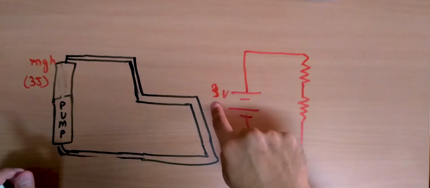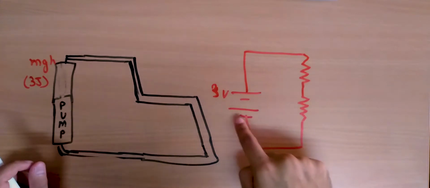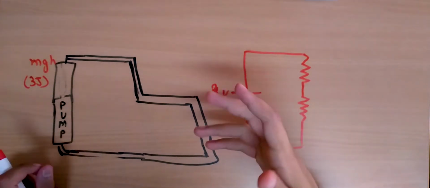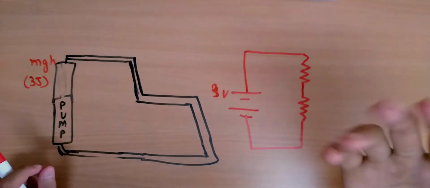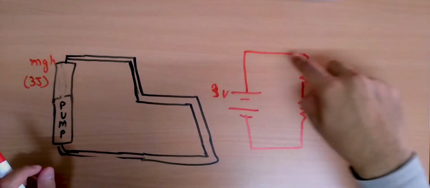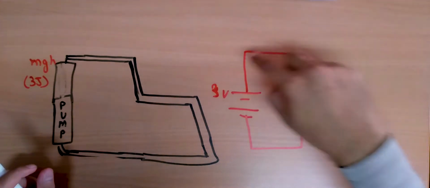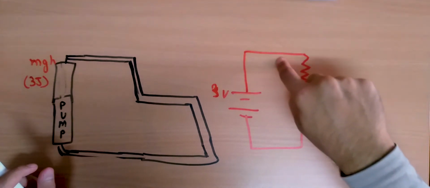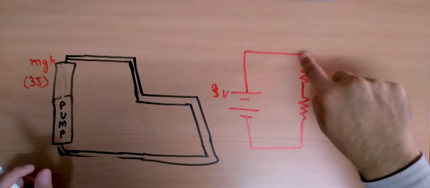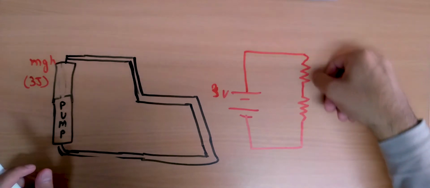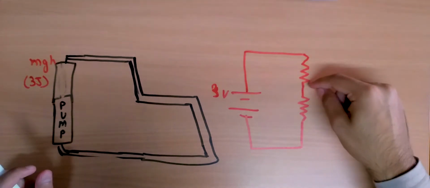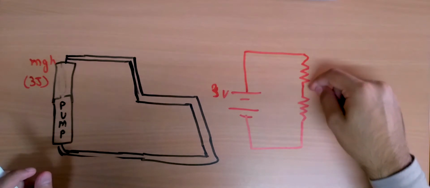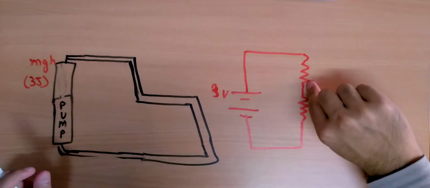Similarly here, if every coulomb of charge gains an energy of, let's say, 3 joules, it has to lose those 3 joules in the whole circuit. But here there's no resistance, so it simply flows without any resistance. But here it loses some potential energy, and again it travels to this section without any loss of energy because it's a plain wire.